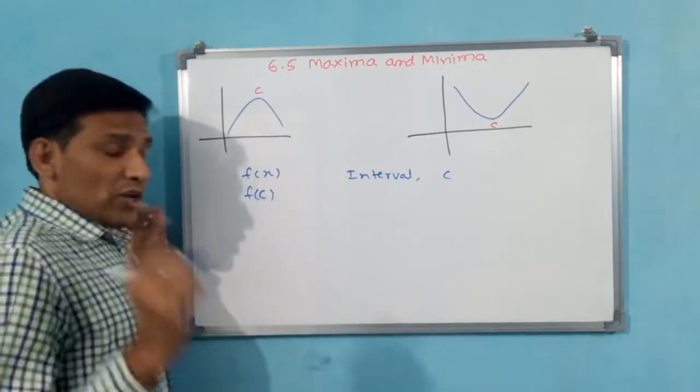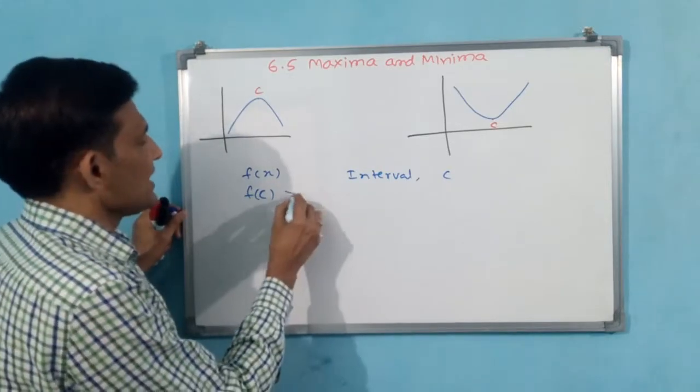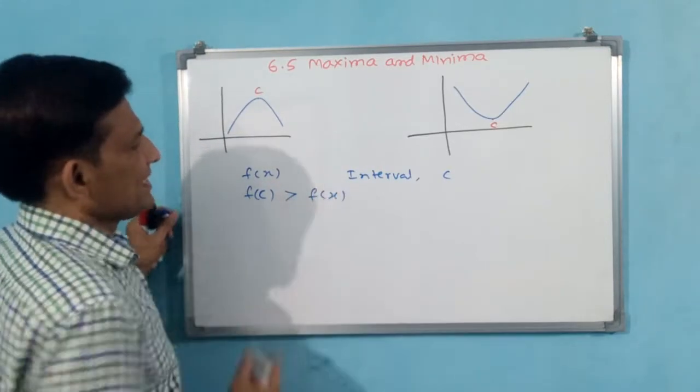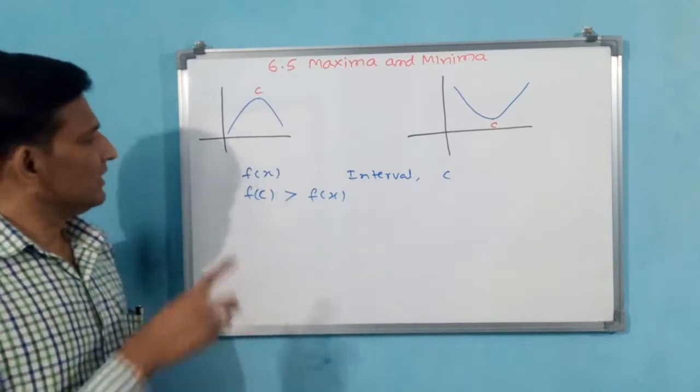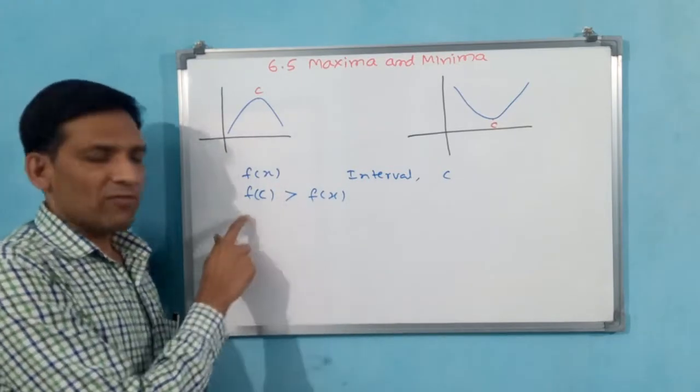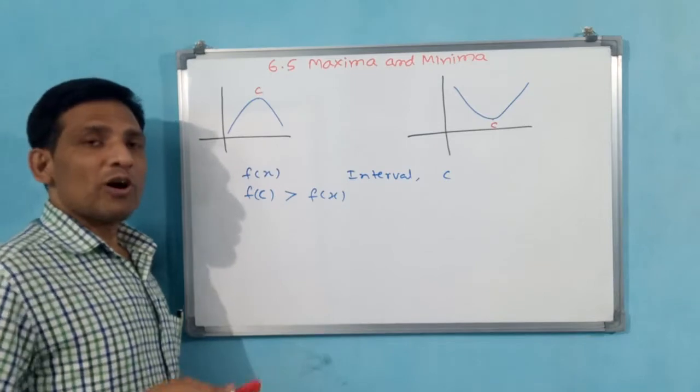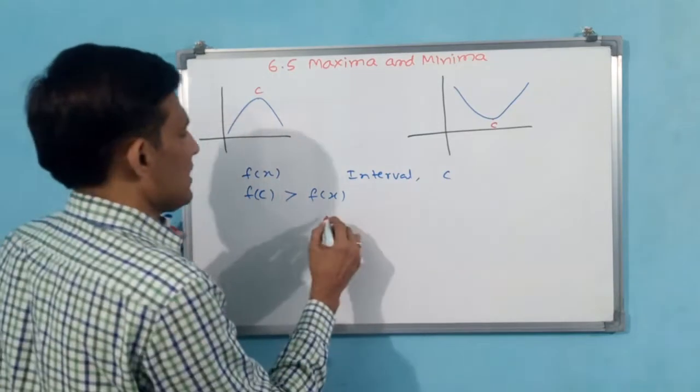If this f of c is greater than f of x, then we call f of c the maximum value.